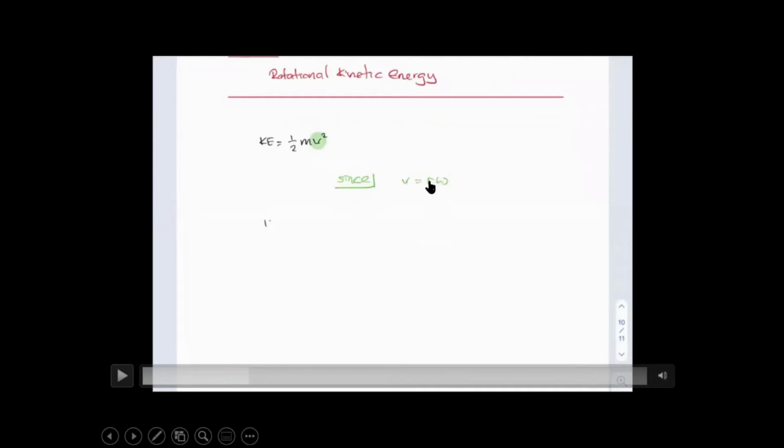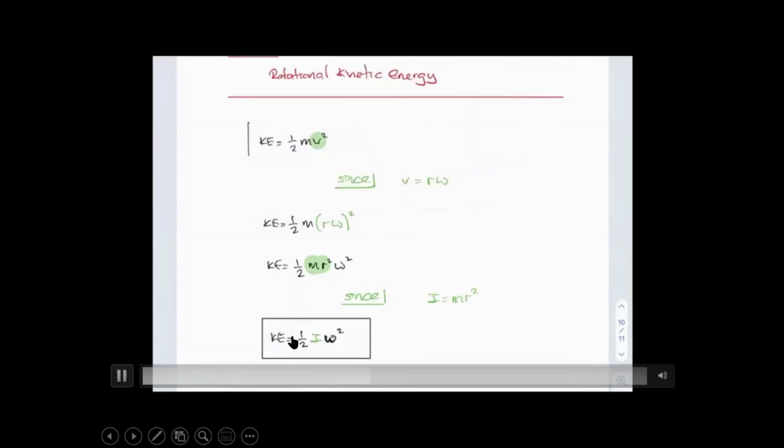So rotational speed times the radius of the wheel is going to give you the tangential velocity of the tire at the point of contact. Square this term, and notice that mr squared is going to be our rotational inertia, or moment of inertia. With the back substitution, it now gives us the rotational kinetic energy of the tire.